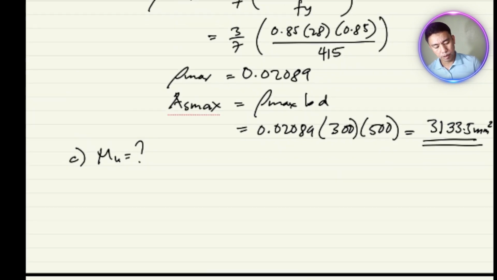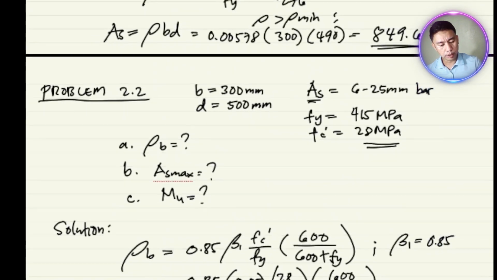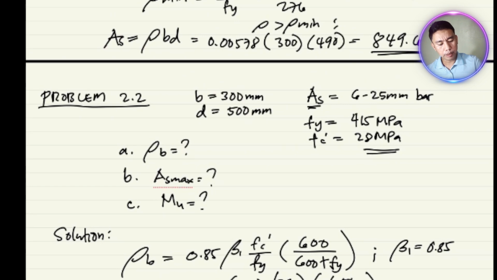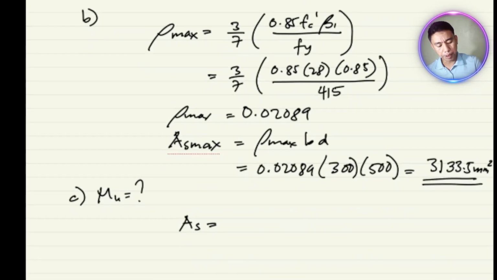Let's solve rho. But before we can solve rho, solve muna natin yung AS. Ang AS natin is 6 25 mm.